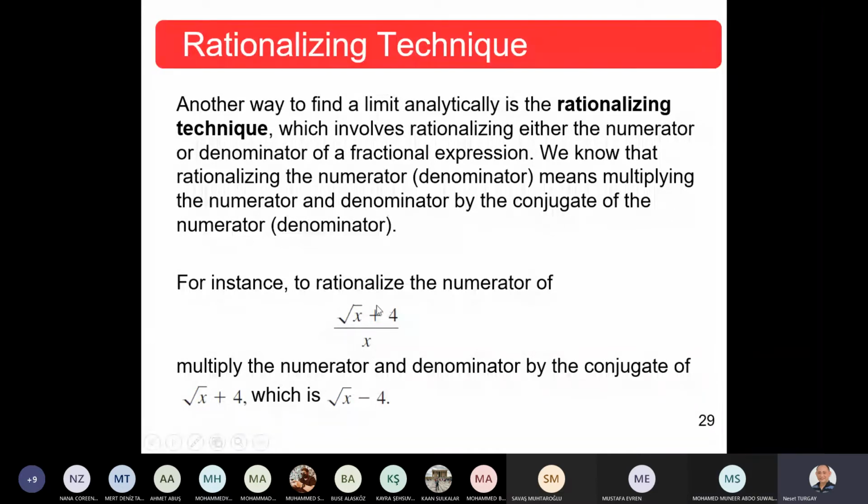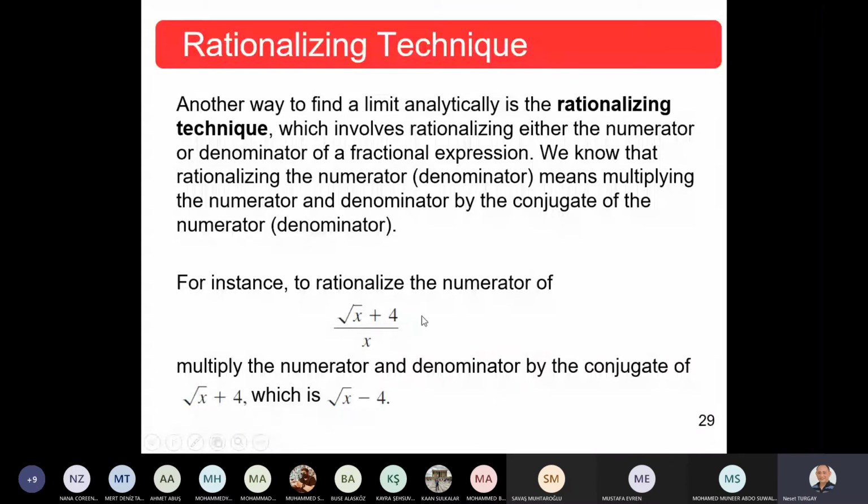So, for instance, this is not a rational function, because this is not a polynomial. But how will we do it? Now we will rationalize the numerator of this, multiplying the numerator and denominator by the conjugate of this. What is the conjugate? Root x minus 4.